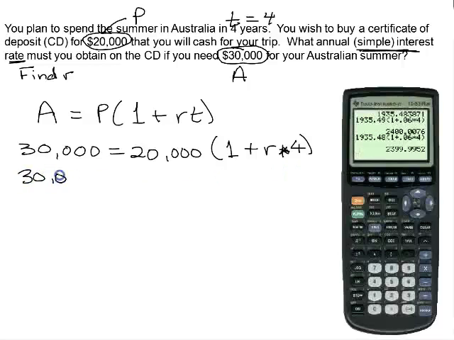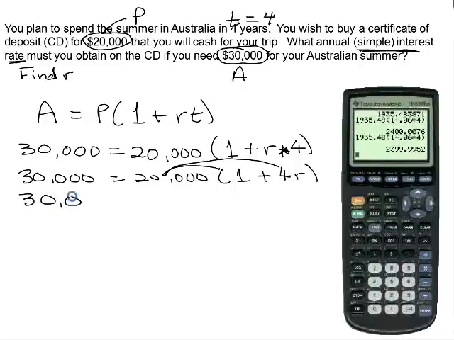So I'm going to rewrite it that way. Now we want to solve for R, which is trapped inside the parentheses, and again from algebra class we're going to use the distributive property. We're going to take 20,000 times both terms inside the parentheses to get rid of parentheses.